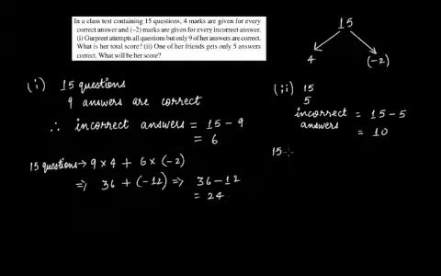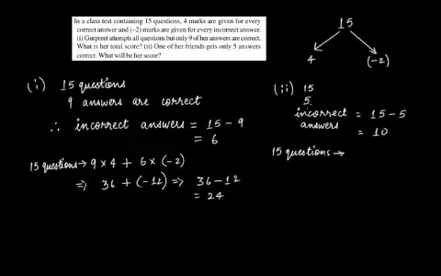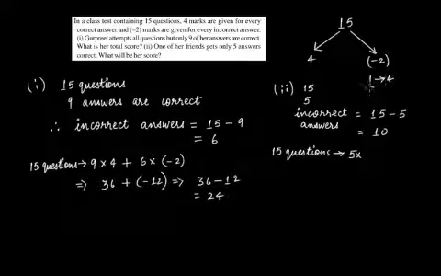and therefore if you check for all the 15 questions, since she attempted 5 questions correctly, and for every single question she will be awarded 4 marks, for 5 questions attempted correctly she will be awarded 5 times 4.